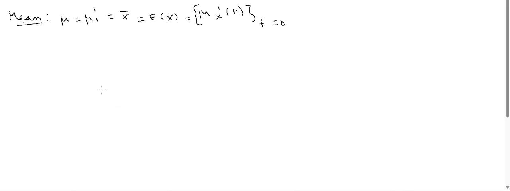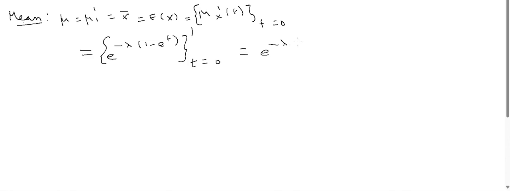Mx of t we have just found, so we have to get its first derivative. That is the derivative of the MGF at t equal to 0, which is e power minus lambda into 1 minus e power lambda, into minus lambda into minus e power t.